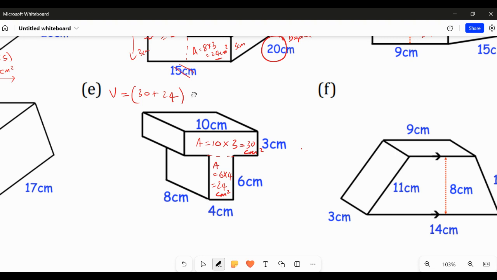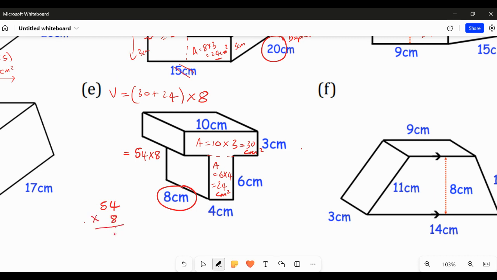That's the number that we're going to multiply this by. 30 plus 24, by the way, is 54. And so now we want to take 54 and times it by 8.